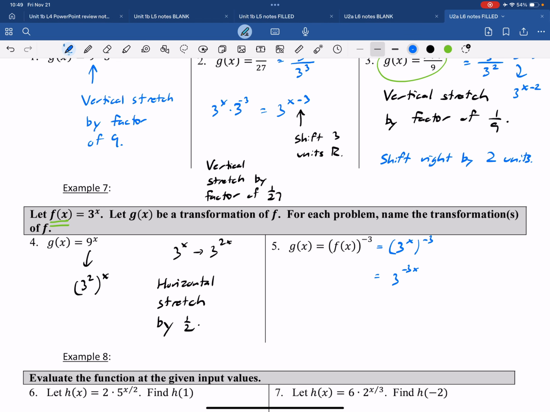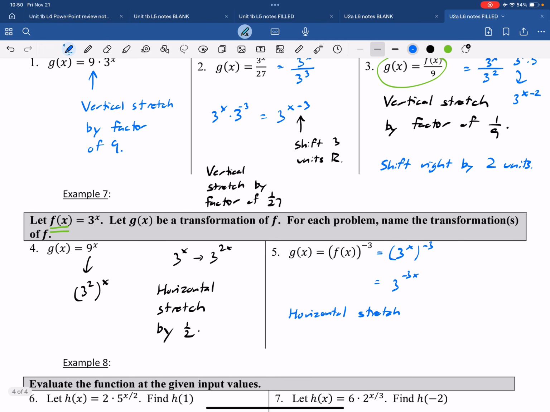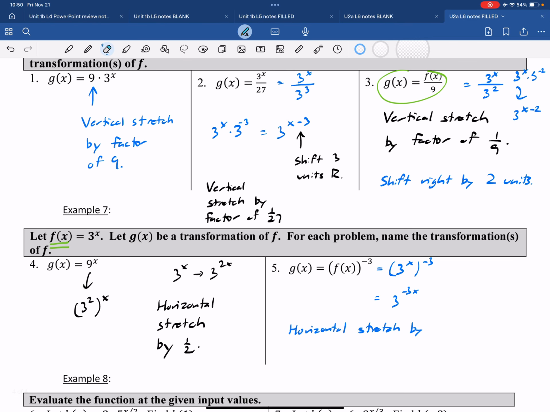This is a horizontal stretch by negative 3, flipped.